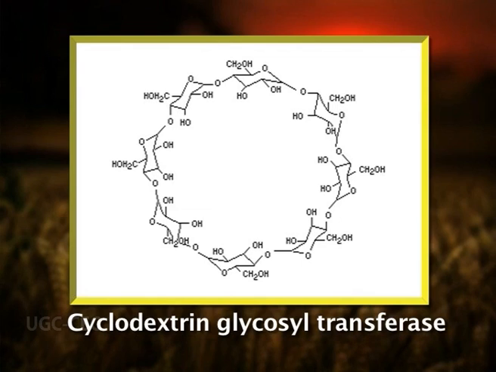A bacterial gene, cyclodextrin glycosyl transferase from Klebsiella pneumoniae, has been transferred into potato. The transgenic potato expresses the gene in tubers but at low levels. Efforts are being made to produce cyclodextrins in transgenic plants on a large scale.